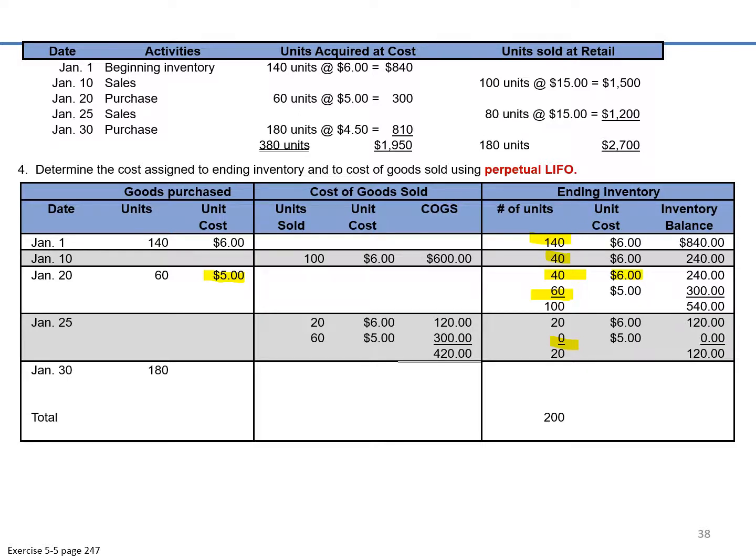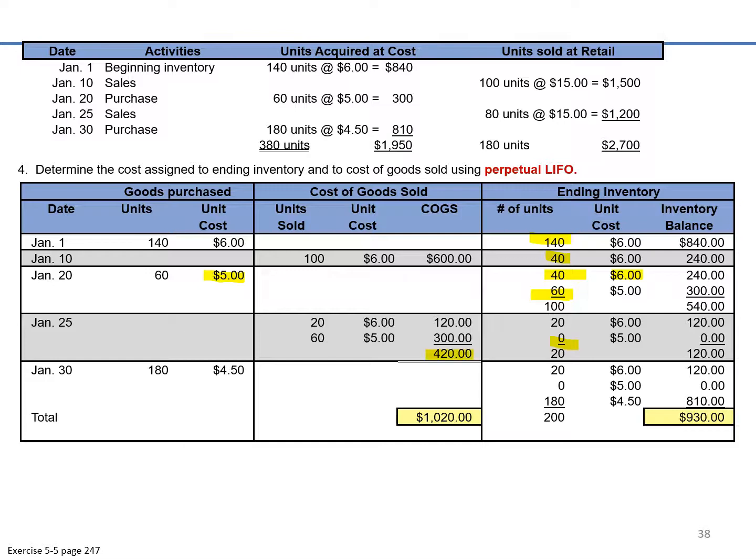Then on January 30th, we bought 180 units for $4.50 each. So we have our 20 remaining from our beginning inventory at $6. We have 0 left at our $5 price point, and then we just bought 180 at our $4.50 price point for $810, or a total ending inventory balance of $930.